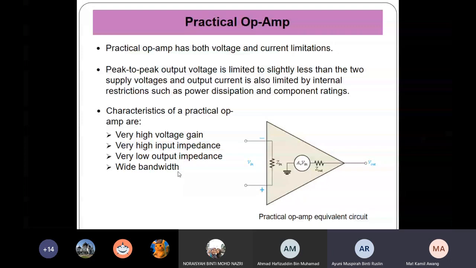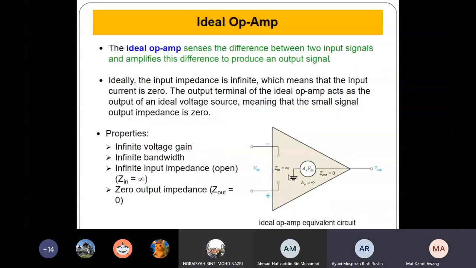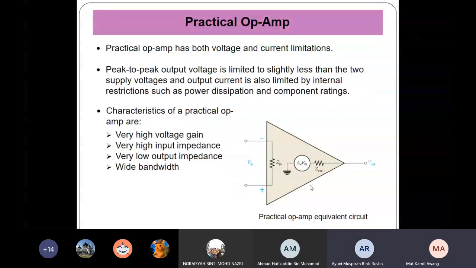Clear? If you look at this one, this is ideal. Ideal, Zin is infinity, Zout is 0, the gain is infinity. And you compare with this, which is very high, but not infinity.